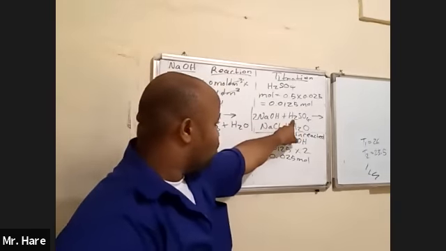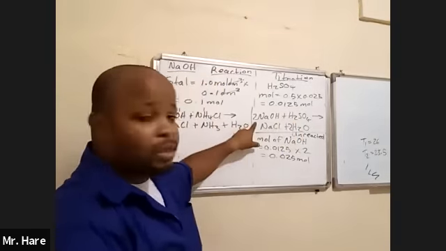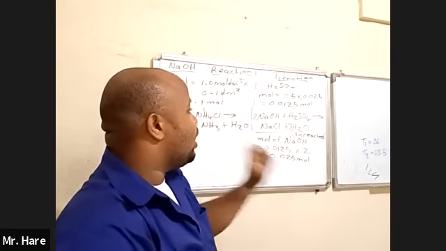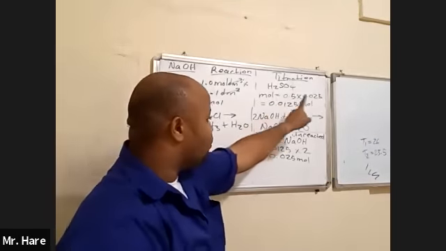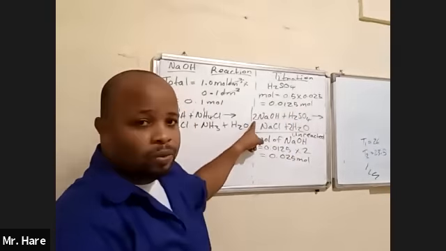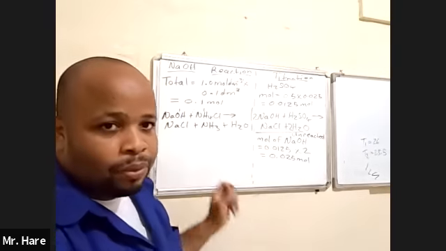So it's 1 mole reacting with 2 moles. So you have to look at which one you have. We know the mole of this one, so you get from 1 to 2, so you times it by 2.